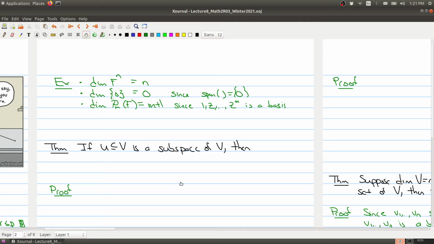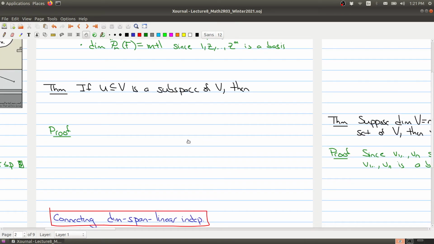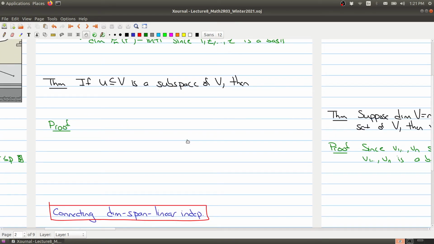One thing we get, which should be obvious if you think about it, is that if U is a subspace of our vector space V, then U is sitting inside of V, so we should expect that the dimension of U is less than or equal to the dimension of V. Again, it's trying to capture the notion of size in a vector space.